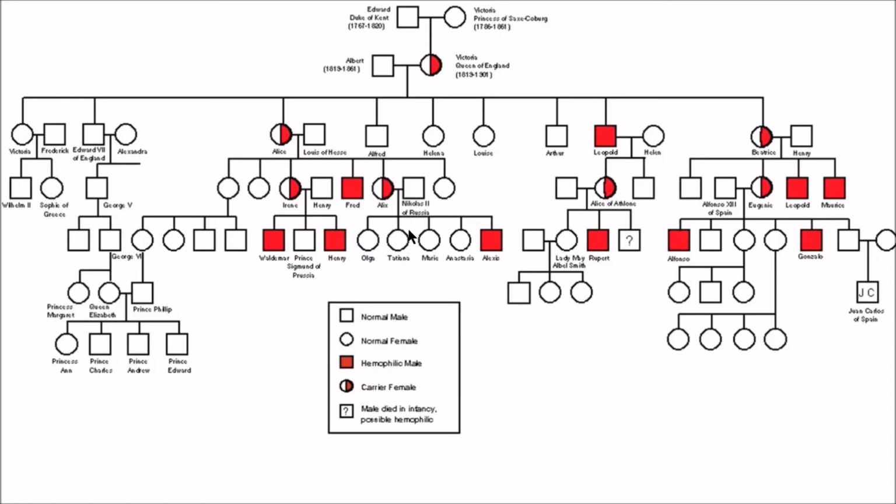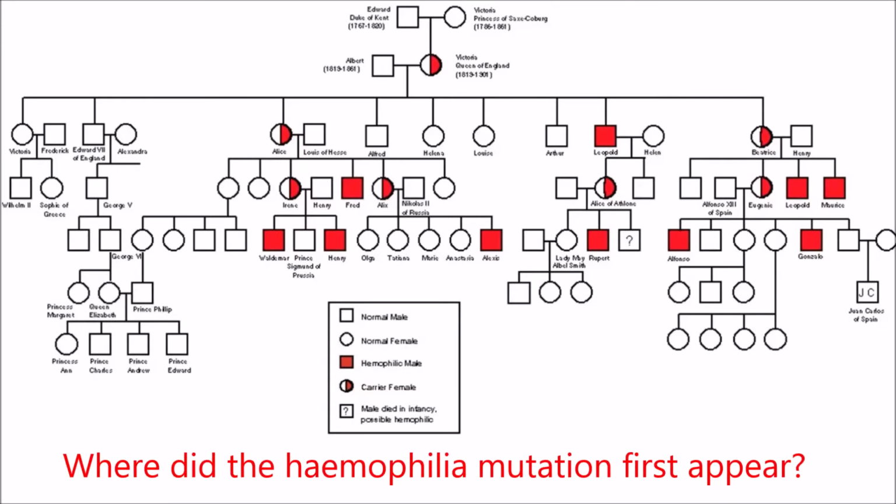Okay, a more interesting question for us biologists is, where did the mutation appear? Because Edward, Duke of Kent, didn't have it, and Victoria, Princess of Saxe-Coburg, wasn't a carrier. So where did the mutation that led to the haemophilia in the royal family happen?